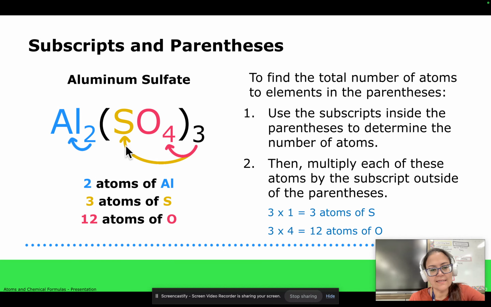So for each of these, 1 sulfur, 4 oxygen, but we have 3 of these whole things. So the 3 gets multiplied by the 1, so there's 3 there. The 3 gets multiplied by the 4, so there's 12 there. So total, we have 2 aluminums, 3 sulfurs, 12 oxygen.